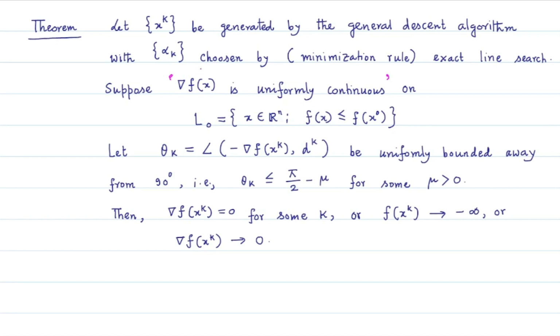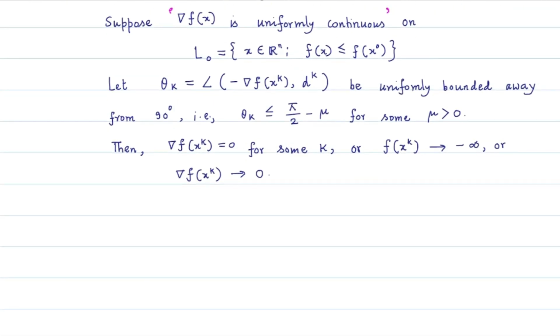Then please notice that, let's suppose the objective function f is twice continuously differentiable, a C2 function, and we assume that the Hessian matrix across the points in this initial level set L0 has bounded eigenvalues.